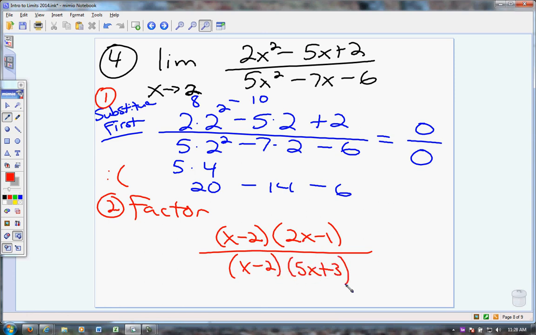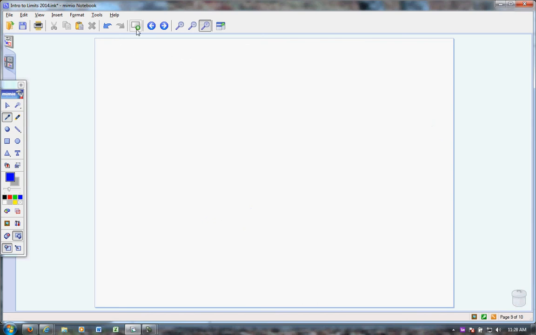How convenient that when we get out the slasher, the x minus 2's go away. The thing that caused us to have a 0 in the denominator goes away. So now I just have 2x minus 1 over 5x plus 3. And remember, I'm doing the limit of that as x approaches 2. If you didn't get the last screen, here it is.